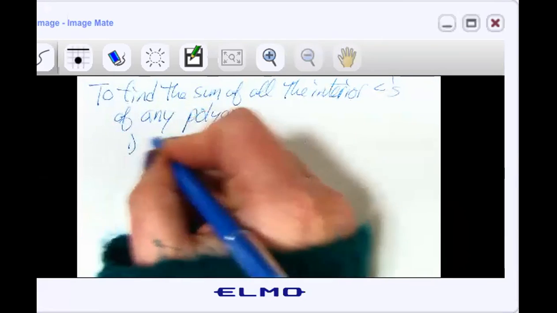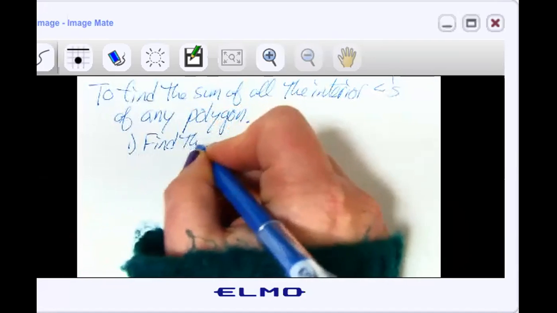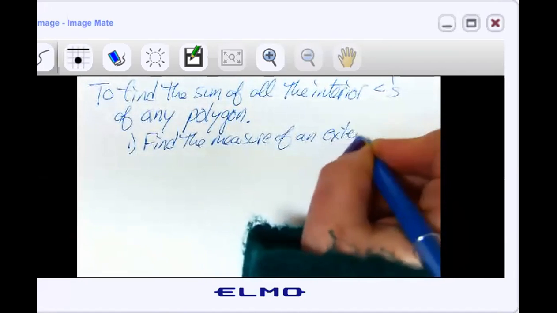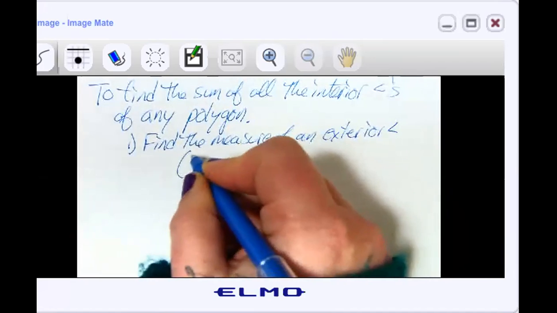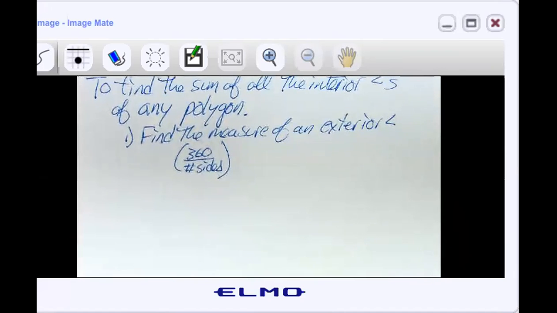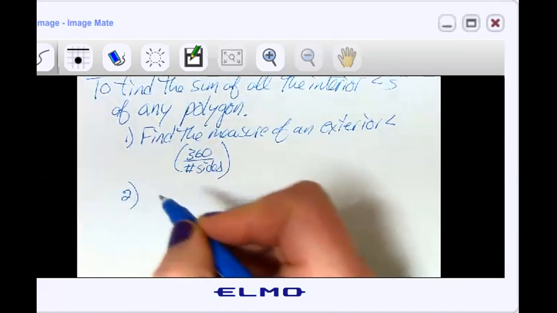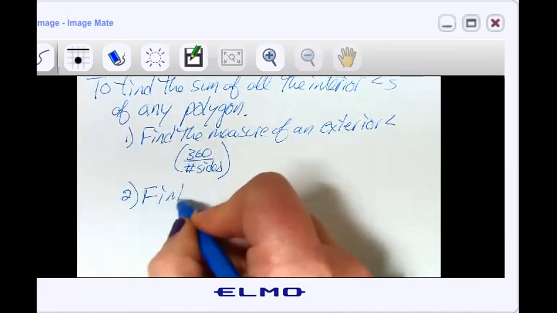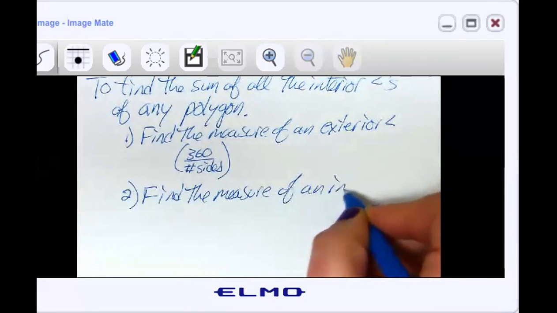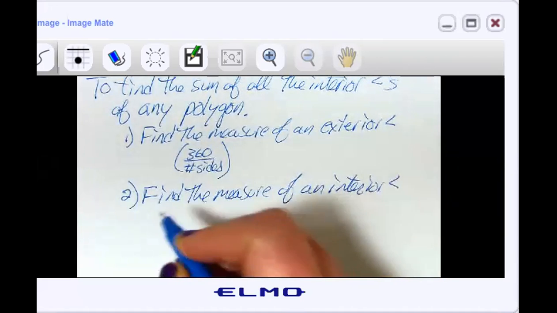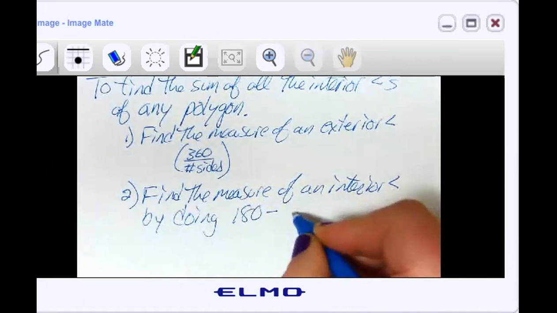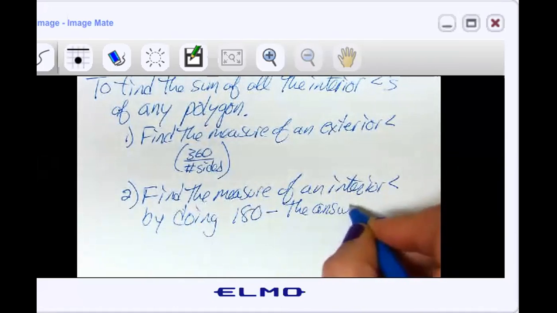So step one, find the measure of an exterior angle, which, remember, is just 360 divided by number of sides. That's all you're doing to find that. Very easy. And then in the second step, you're going to find the measure of an interior angle by doing 180 minus the answer from step one.